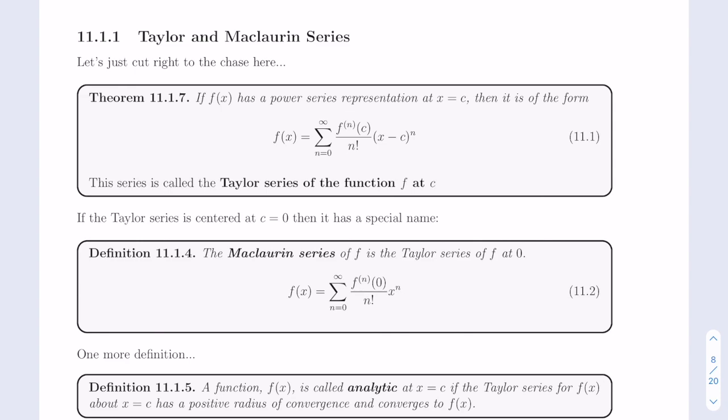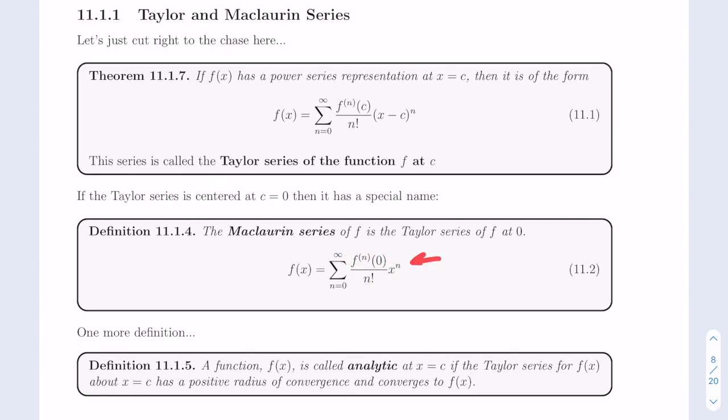That's called the Taylor series of the function at x equals c. And then the Maclaurin series is when c equals 0. This happens quite often. And so the Maclaurin series is the nth derivative at 0 over n factorial times x to the n. This actually is where the e to the x function comes from.